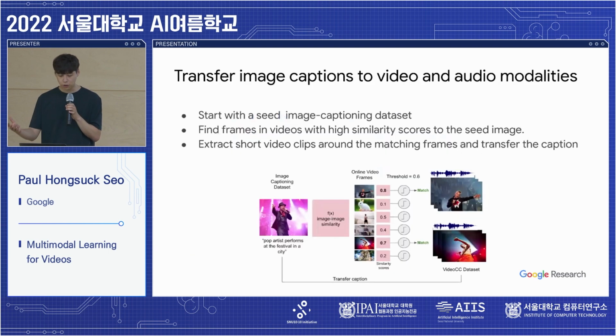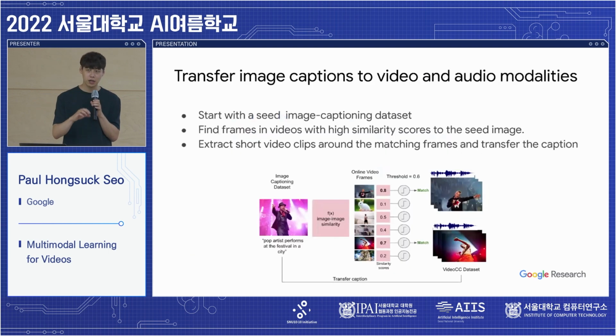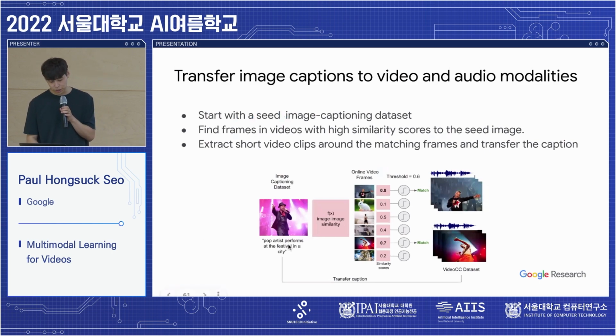So in this work, we wanted to leverage this image dataset to build a large-scale video-text dataset. What we did is use images from the image captioning dataset as seed images, sample frames from videos, and compute a similarity score to select matches.